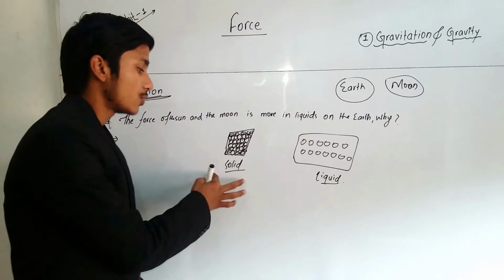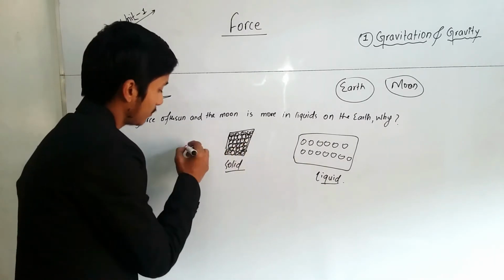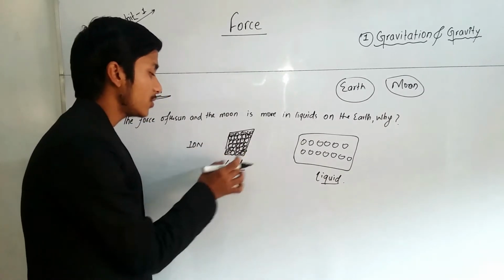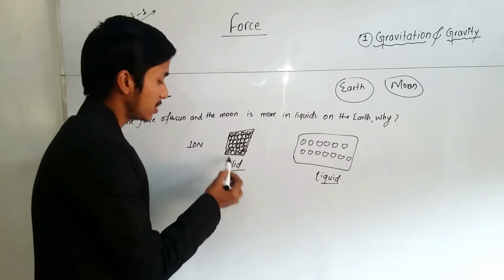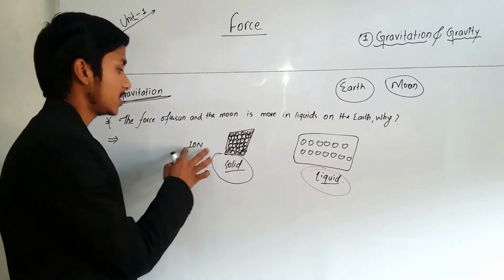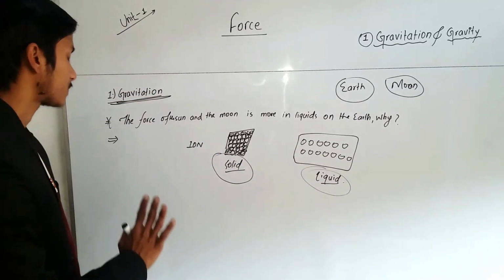So the same force, suppose I am exerting here, means I am applying here 10 Newton. Suppose 10 Newton force I am applying on this solid and liquid also. Then the same gravitational force, consider it as a gravitational force, okay?